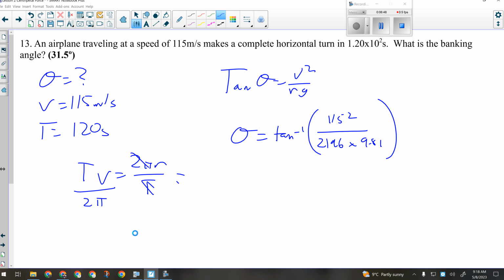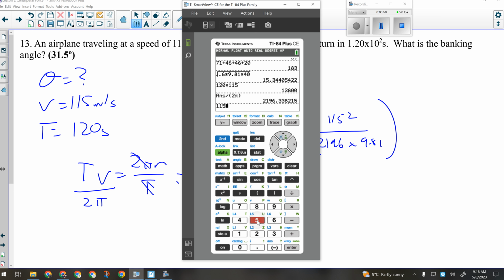If I plug all of that in, 115 squared divided by, and the bottom does have to be in brackets, that number times 9.81. Oh, I forgot the inverse tan of that number. And we get 31.5 degrees as our bank.